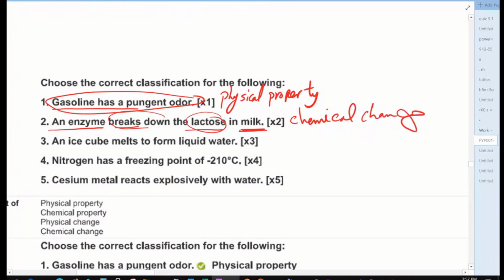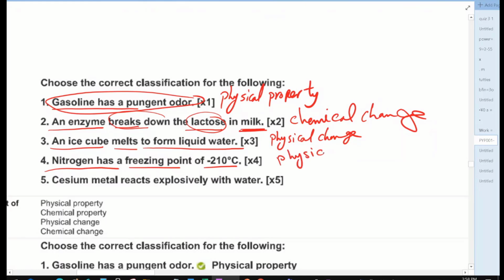Chemical change. An ice cube melts to form liquid water. Physical change. Nitrogen has freezing point at negative 210. Physical property.